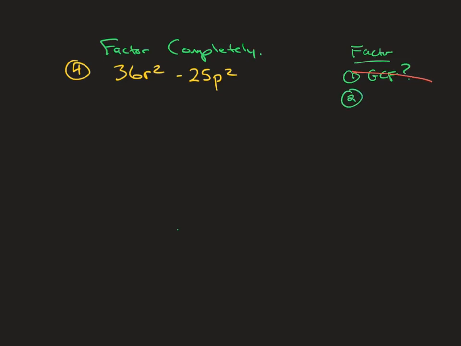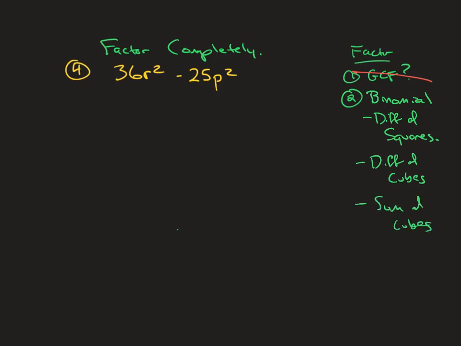Second, looking at what kind of polynomial this is. We've only got two terms, so this is not a trinomial. Two terms are just binomials, so we're back to those. Keep in mind, binomials is only three ways. Difference of squares, hopefully you've got that list available to you. Difference of cubes, and then sum of cubes.